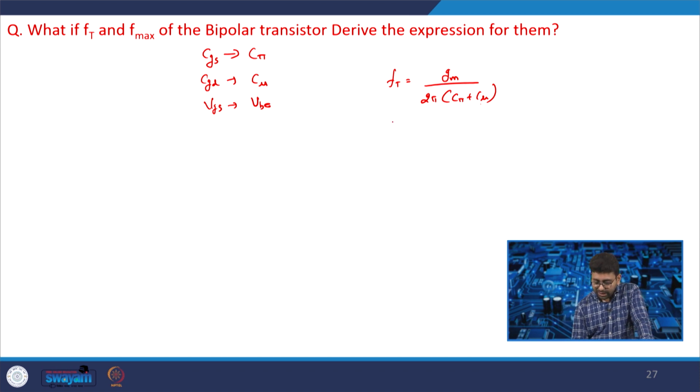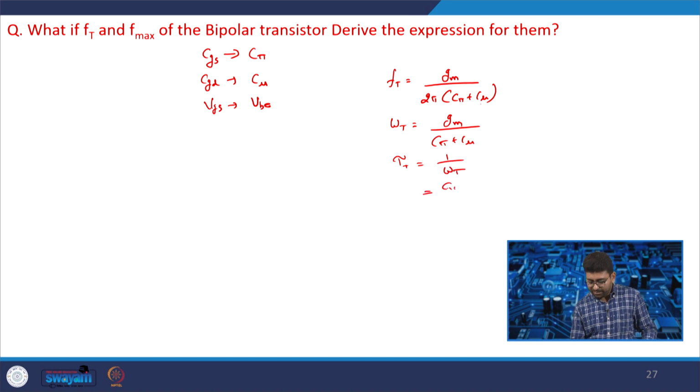If you write it in terms of omega t, it is equal to gm by (C pi plus C mu), and this is a frequency. If we convert it into the time domain, we get tau t, the transition time, which is equal to 1 by omega t.